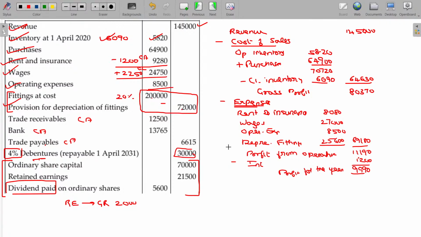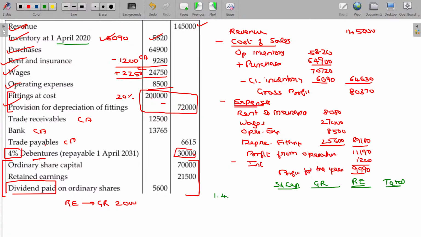Now, statement of changes in equity, where we have share capital and general reserve, retained earnings, total. Year beginning 1st April 2020.